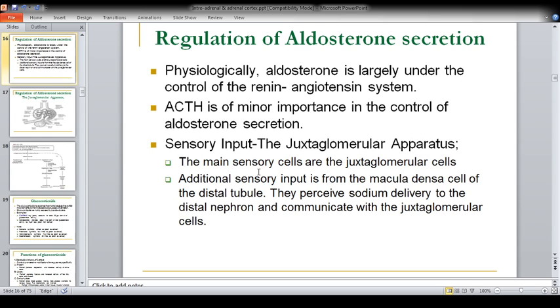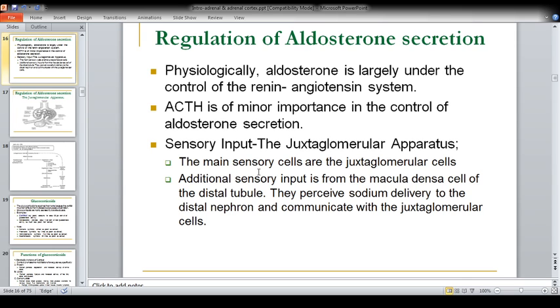Now let's look at the regulation of aldosterone secretion. How is aldosterone secreted and how is it regulated so that over secretion or under secretion does not take place? Physiologically, aldosterone is largely under the control of the renin-angiotensin system.